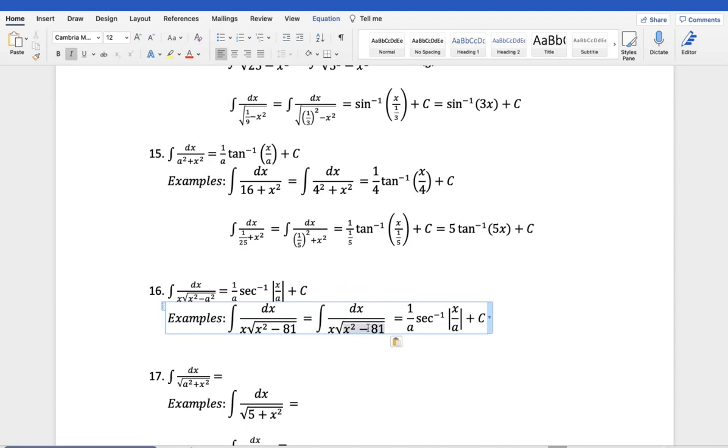So this can be rewritten as the integral of dx over x multiplied by the square root of x squared minus 9 squared. And in that case, our a is just 9. So we have that equal to 1 over 9 multiplied by the sec inverse of x over 9 plus c.